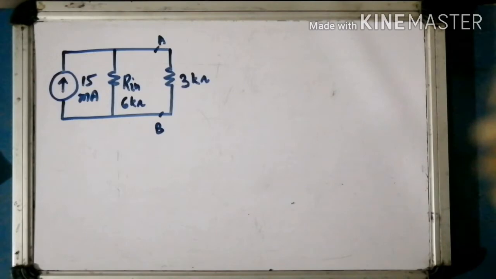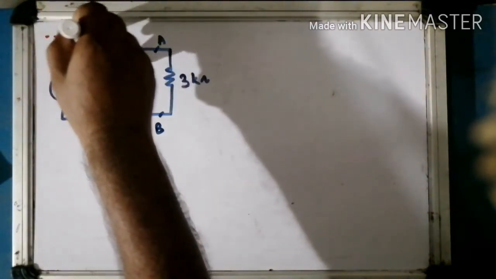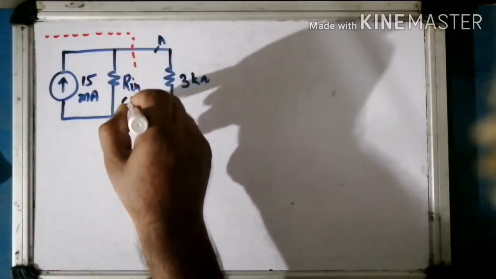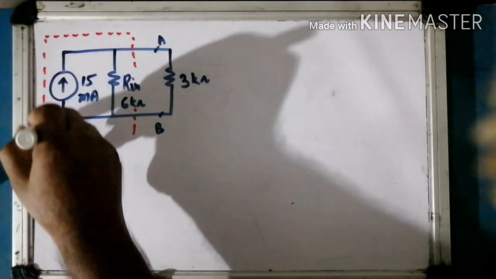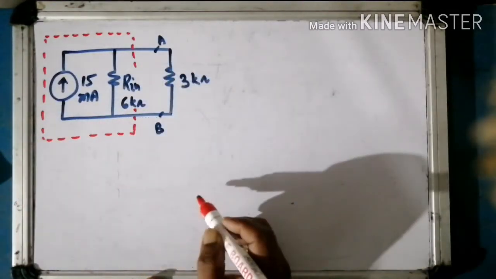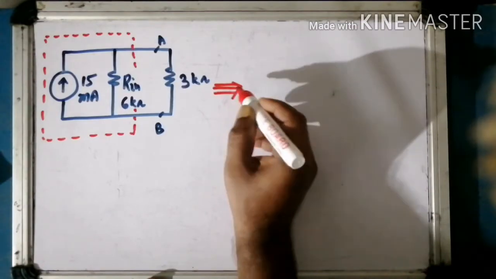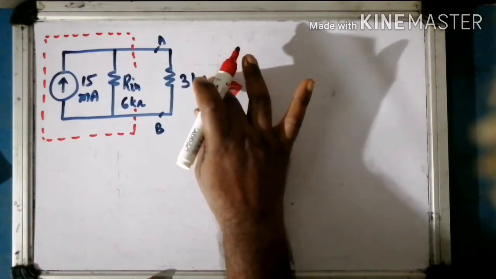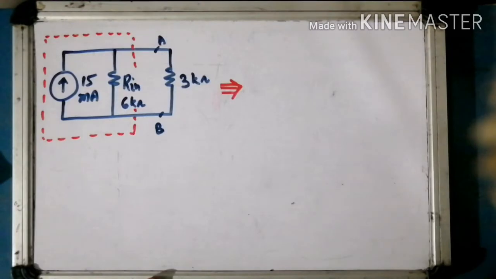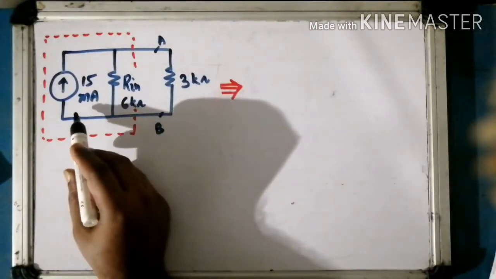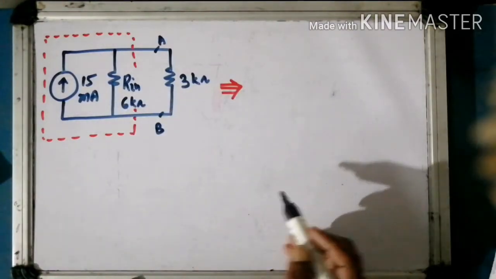By converting the current source into voltage source. This one is the real current source, right? Now I am going to convert this current source as an equivalent voltage source.